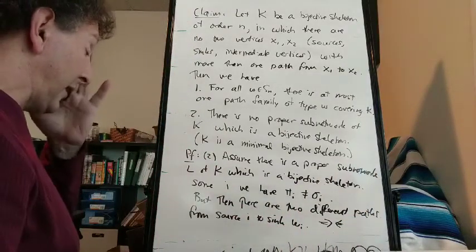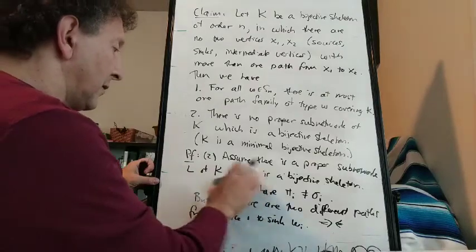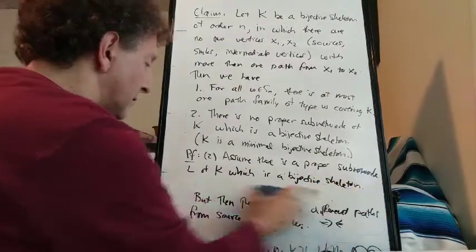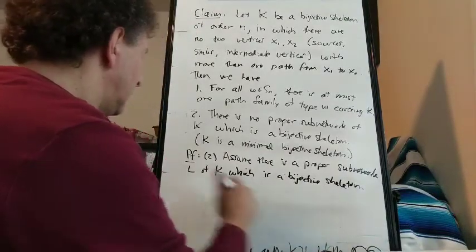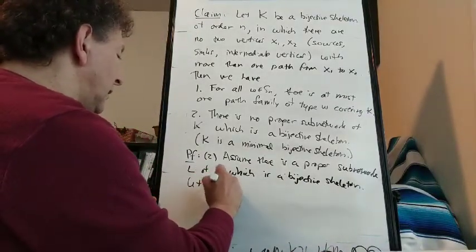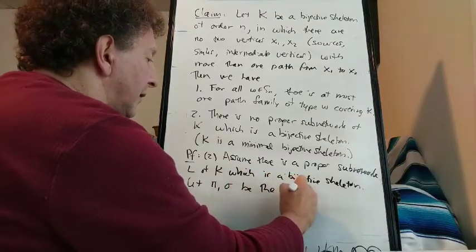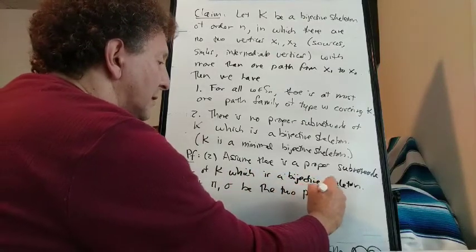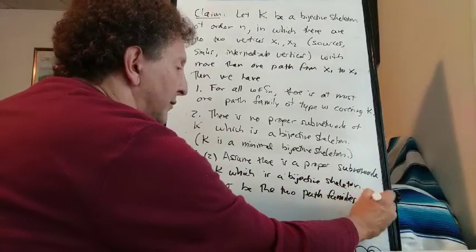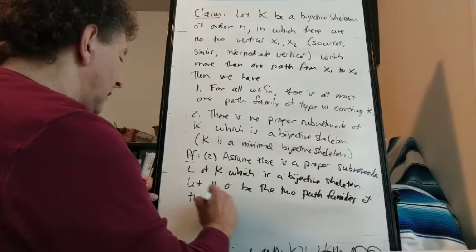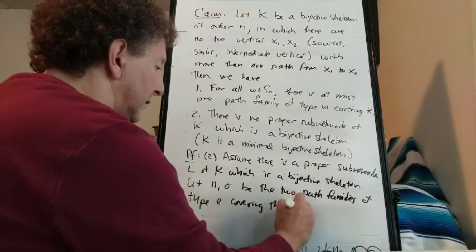Now let's look at the two path families of type e covering these. Let's let pi and sigma be the two path families of type e covering these.